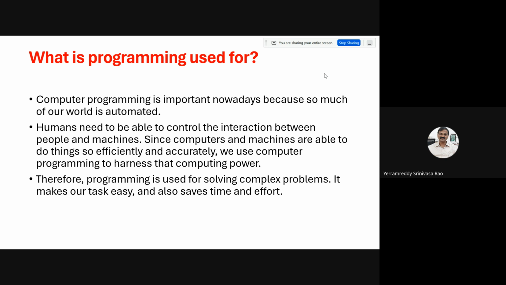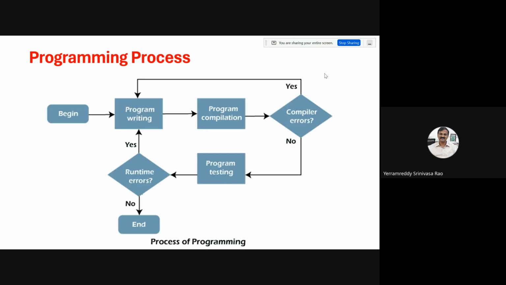What we are talking about today, at least in this course, is not smart devices, but something closer to that, called programming, where we can write a set of instructions. So what is the process of writing the set of instructions?